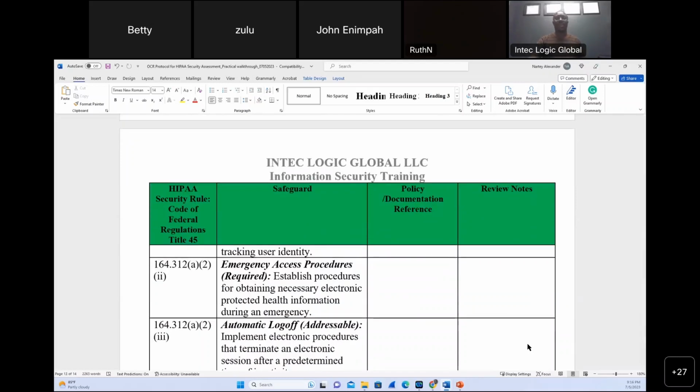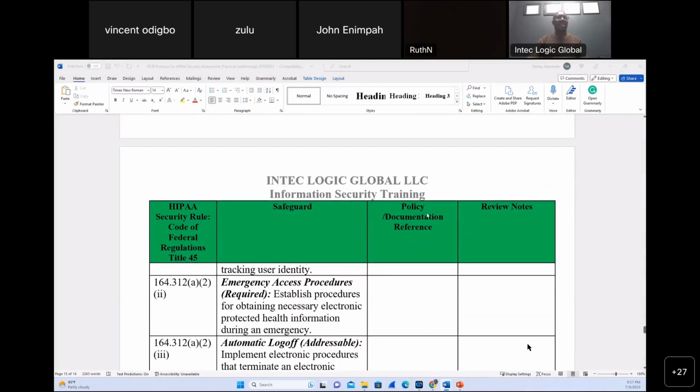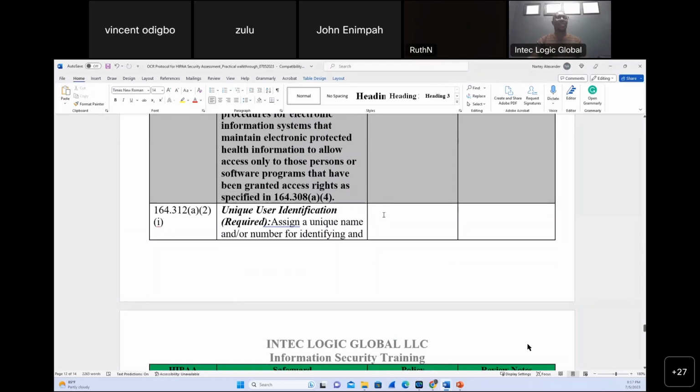So what document do you think we can find this in? Yes, can somebody try? So this is going to be the logical access control policy, right? But some companies just have it as an access control policy. So I try to make a distinction.